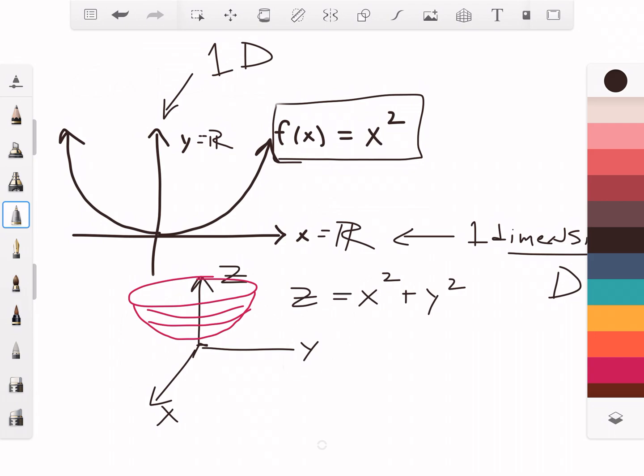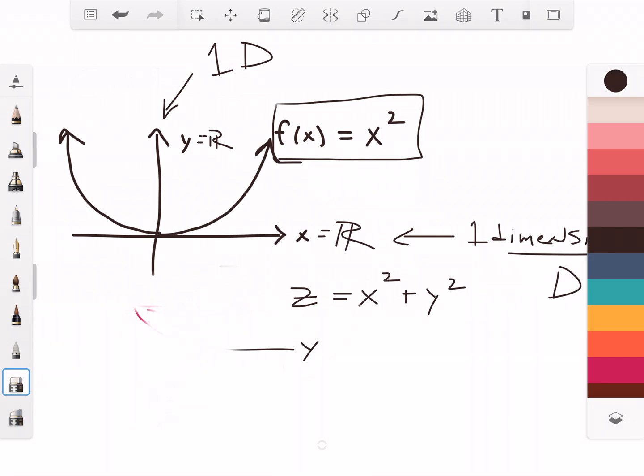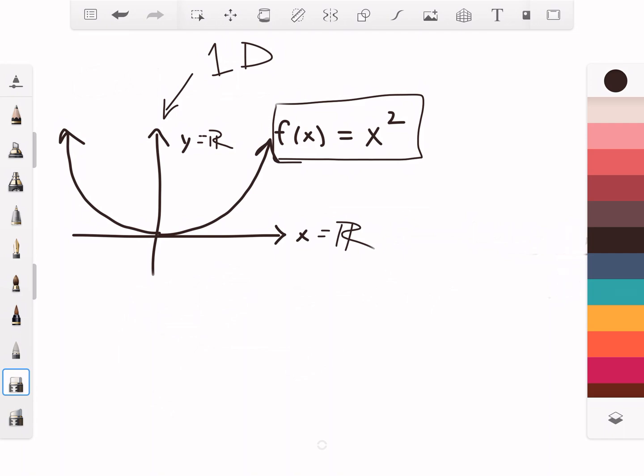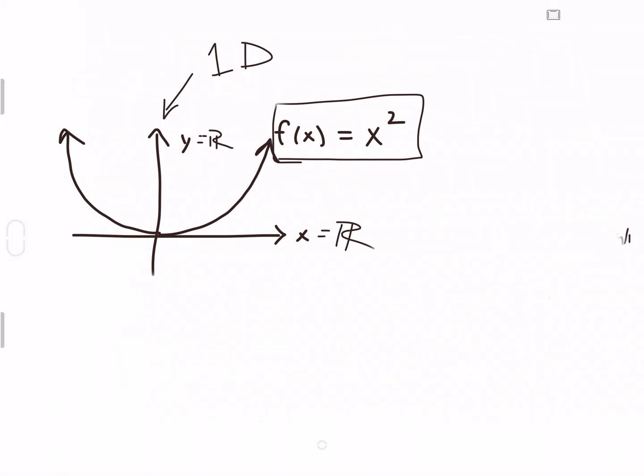So what I'm trying to motivate in this video is that there's no good way to represent functions using a graph like you've done in Calc 1, Calc 2, and other prerequisite classes like that.